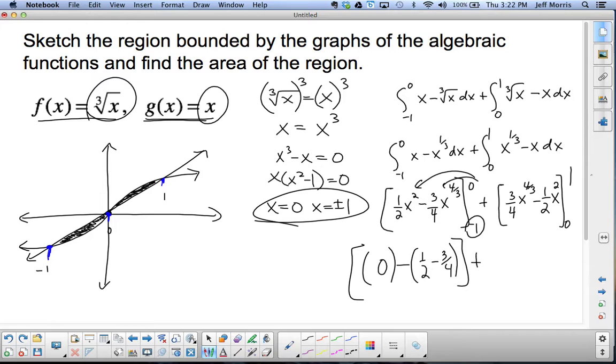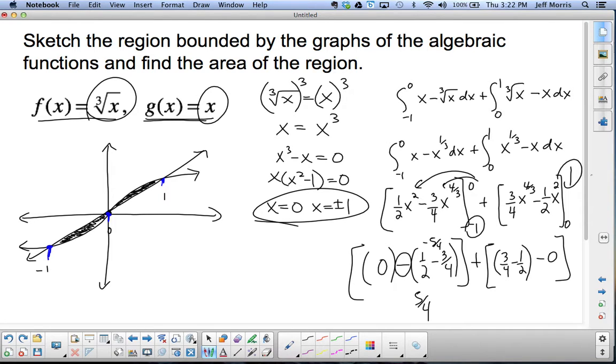And then plus, over here, f of b, plug in the 1 first, you're going to end up with 3/4 minus 1/2. That's pretty straightforward. And then minus 0. And what you should see is that this is going to end up being the same thing twice. If I do this here, common denominator would be 2/4 minus 3/4, which would be 5/4 because you have this negative. This ends up being -5/4, and so it would be 5/4 there.